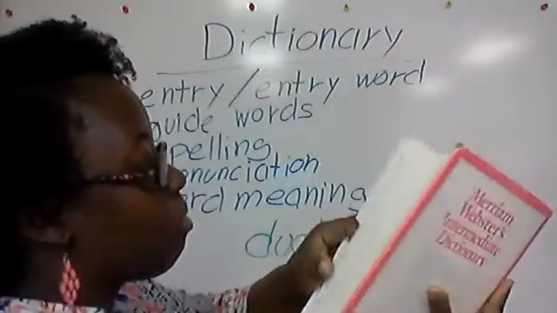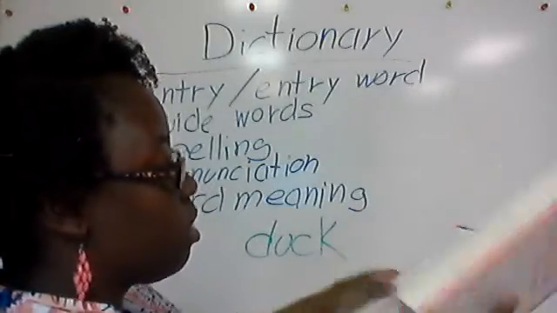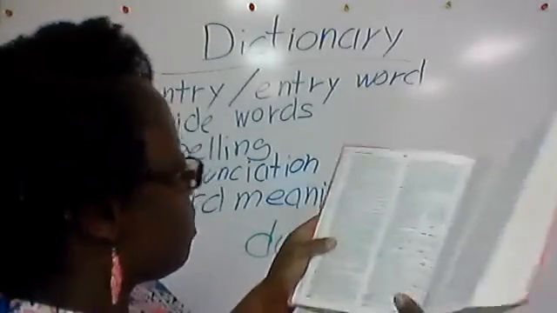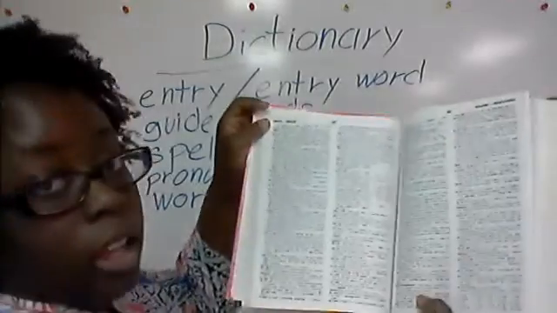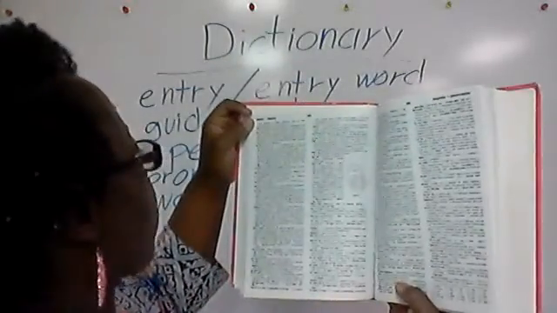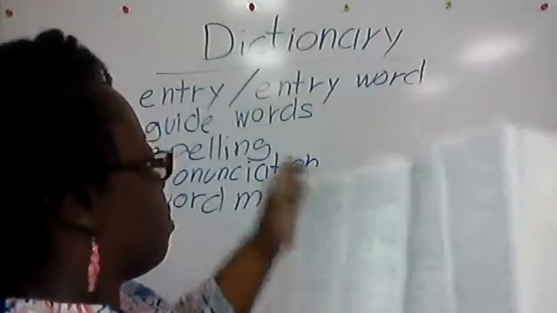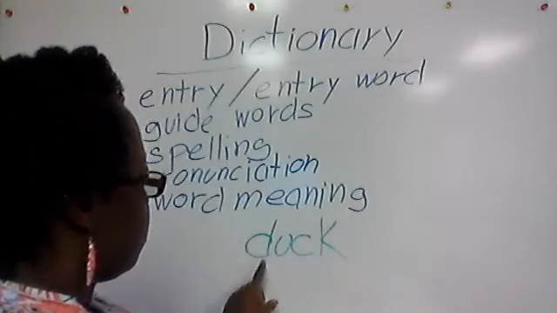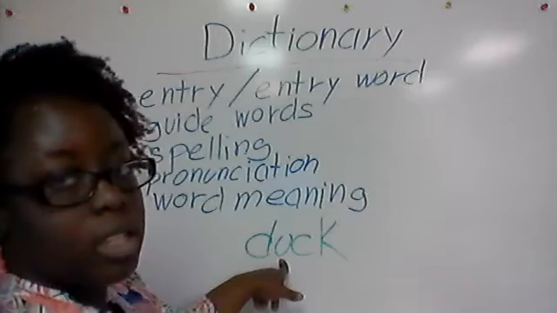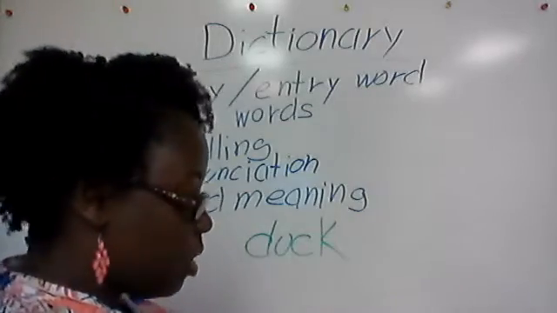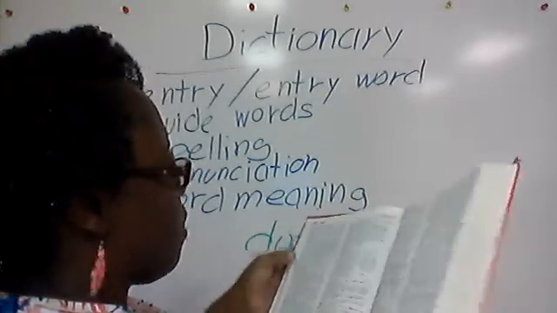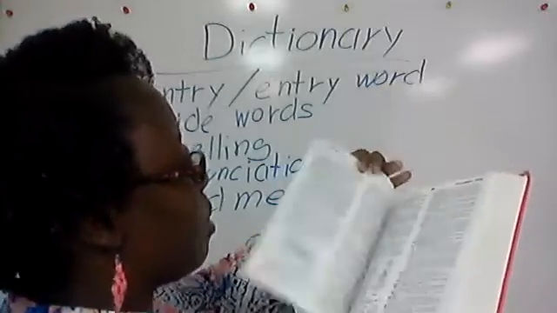Here's C. Here's D. Now my guide words on this page are desert and despoil, I guess is how you pronounce that. But looking at D, U is the next letter, and in desert, the next letter is E, so I'm obviously not going to find duck on this page, so I need to keep going.